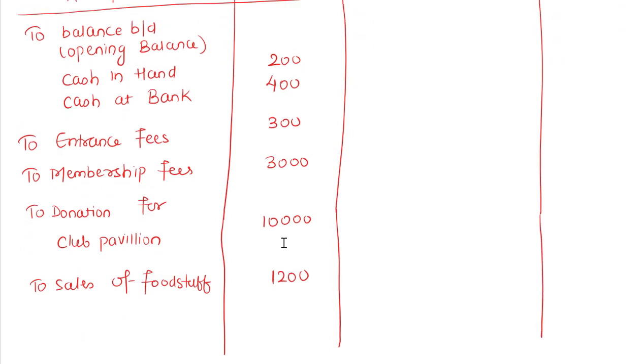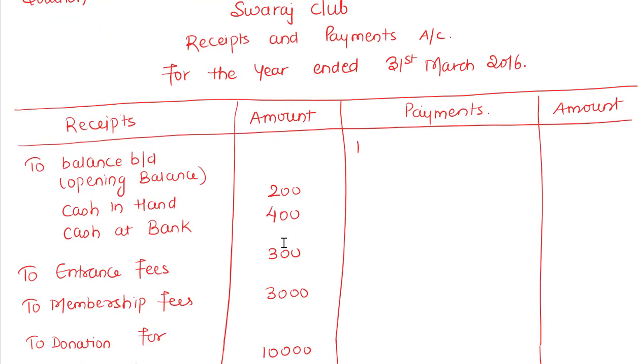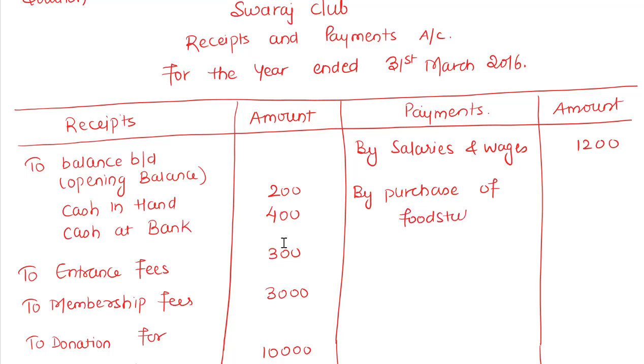Payments in terms of salaries: by salaries and wages 1200. By purchase of foodstuff 800.